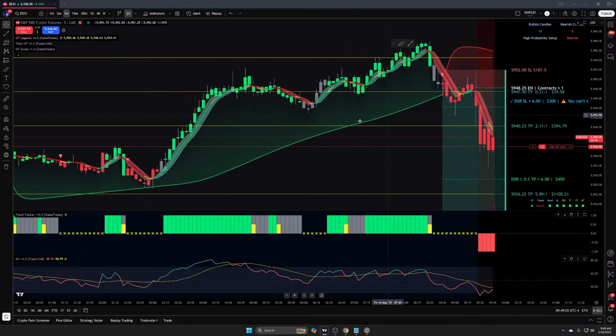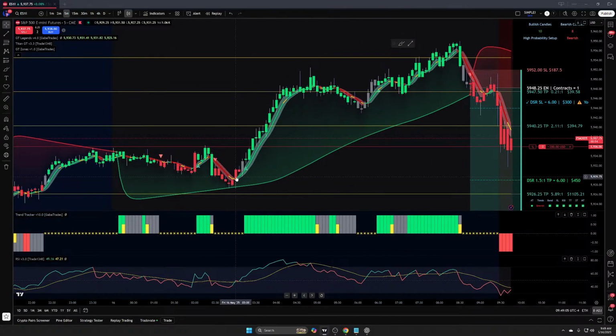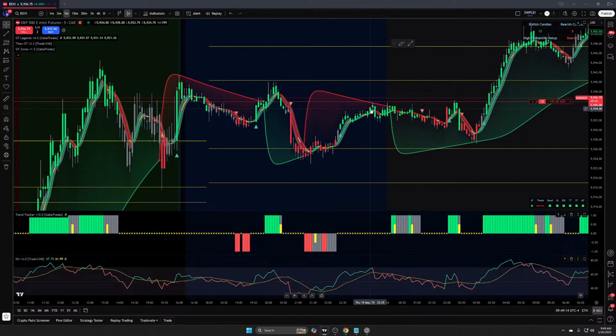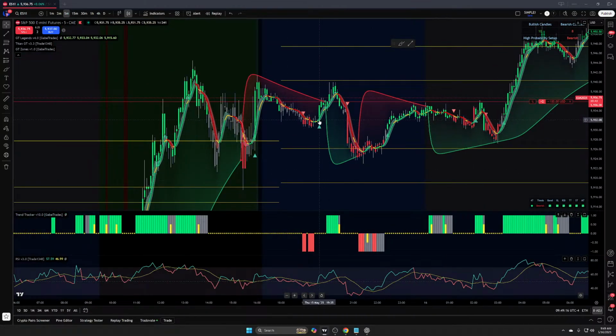You see, GT, no good. This, great trade, no trade, great trade, no trade, great trade, right? Let's look further. Going against GT, not good luck, right? Green, great trade. Going against GT, although it looks like you're making money, right?